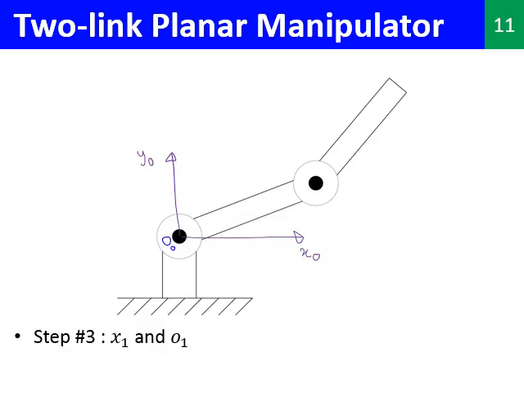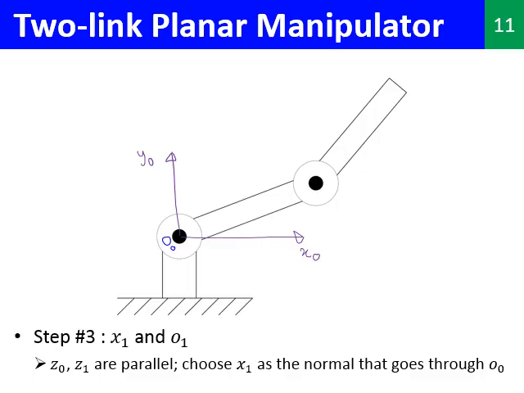So there can be infinitely many common normals between Z0 and Z1, but we are going to choose the one that goes through O0, and we will assign X1 along that common normal. So we take this common normal which is on the slide, and this is going to be our X1 axis.